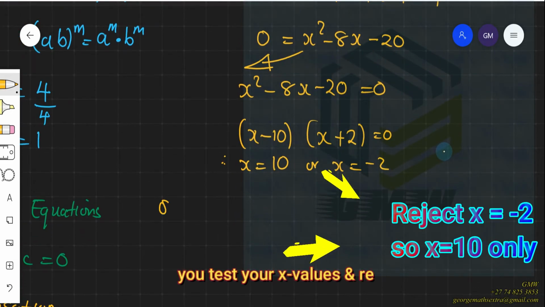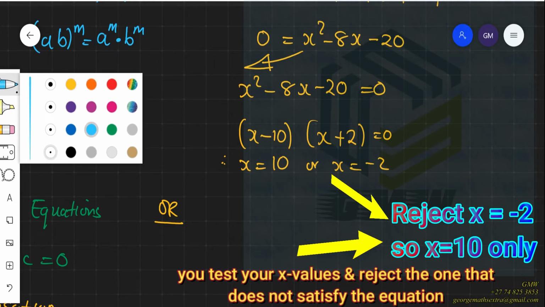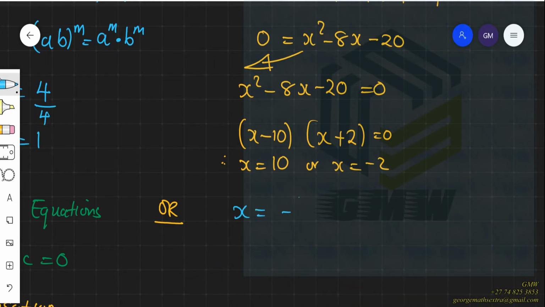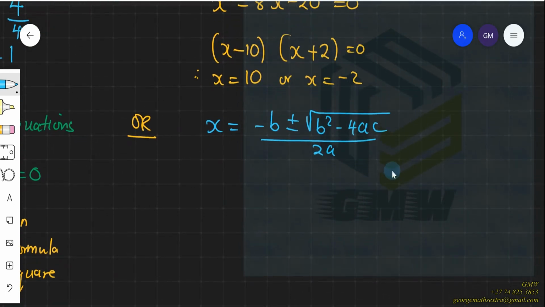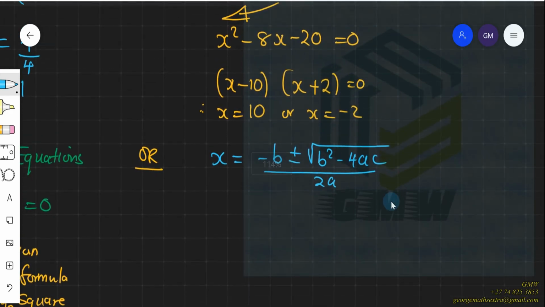Or, if you are to go to the quadratic formula, it simply means that x will be equal to minus b plus or minus the square root of b squared minus 4ac, all over 2a. Make it a habit to always write down the formula. Even though you have it memorized in your head, write it down so that when you perform the substitution, you won't make unnecessary mistakes.